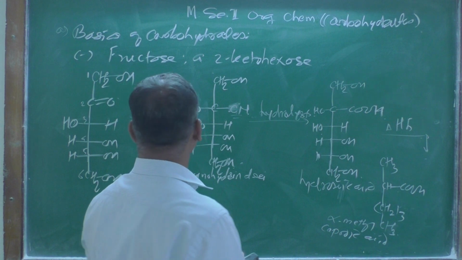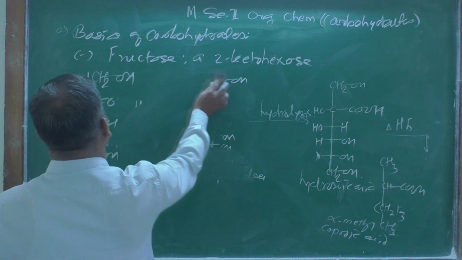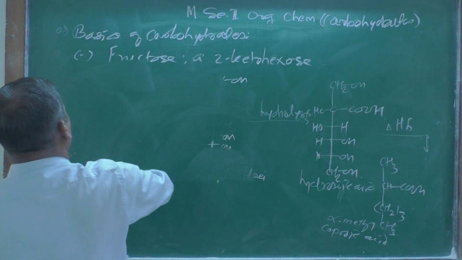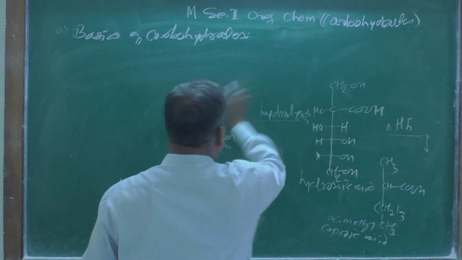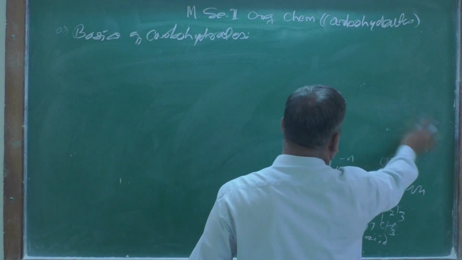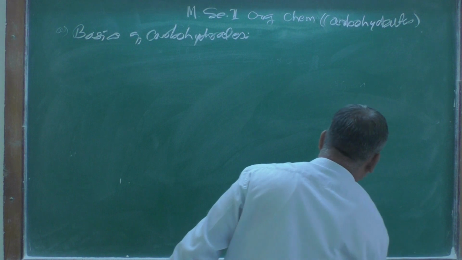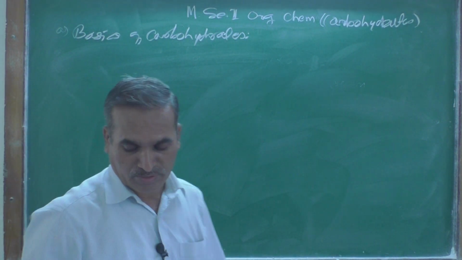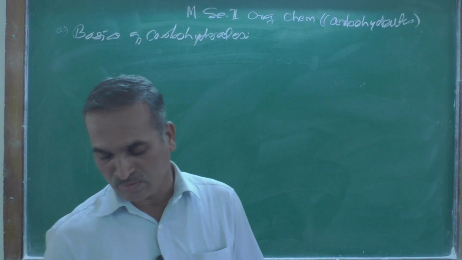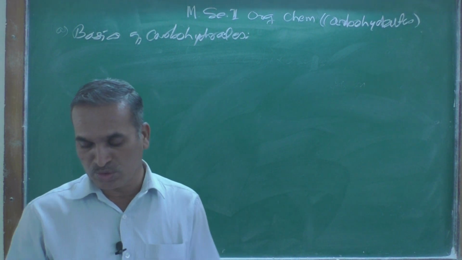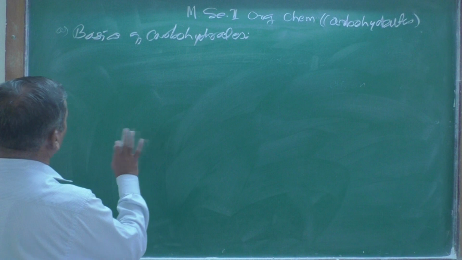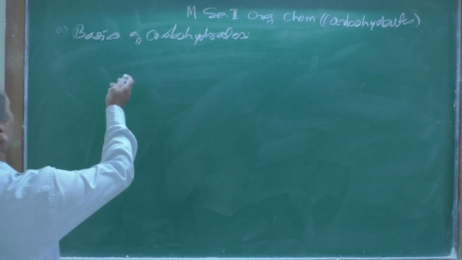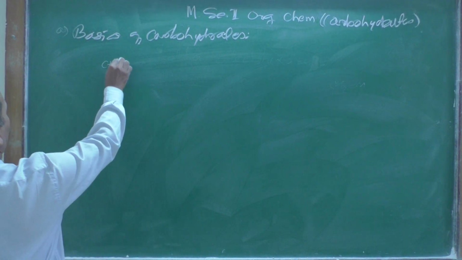Now we are talking about glucose, because glucose is very important as far as carbohydrate chemistry is concerned. Glucose is generally written according to the Fischer projection formula.